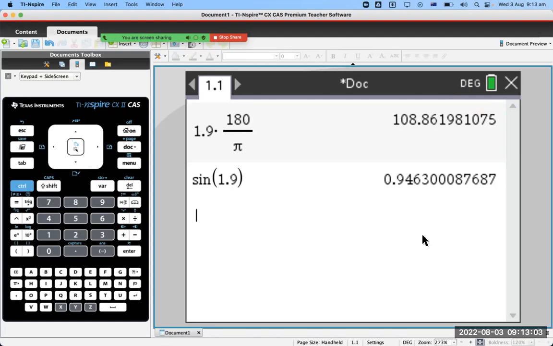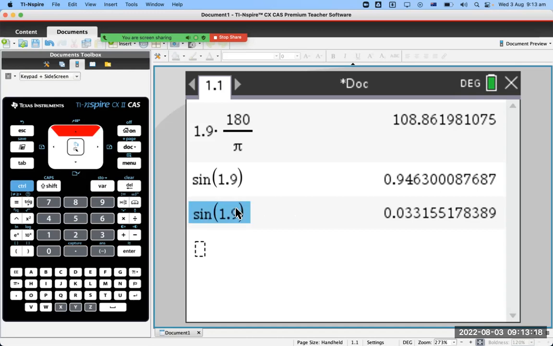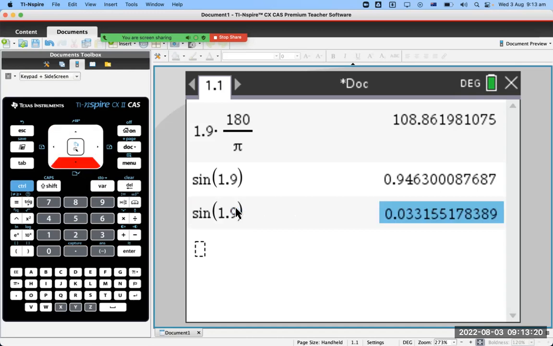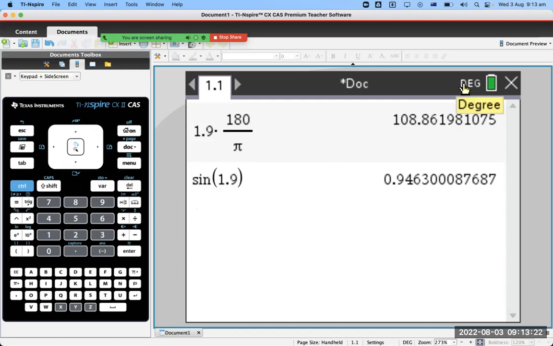Usually you should keep it in radians for methods. If I leave it in degrees and I put 1.9 here, the calculator picks this up as 1.9 degrees. That's why it gives you a different value. So be very careful. You should have it on radians.